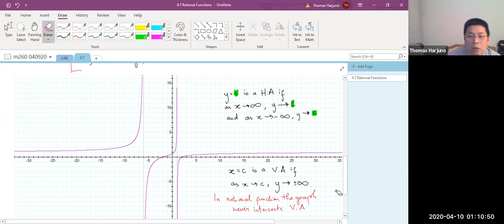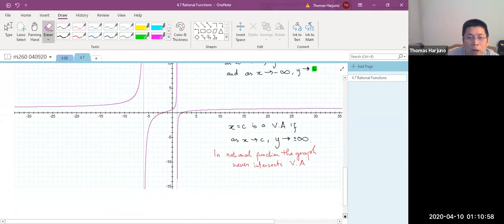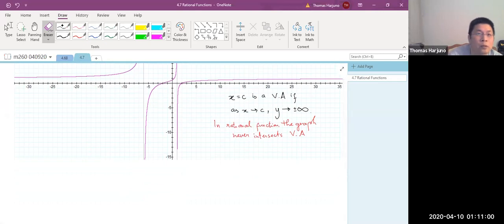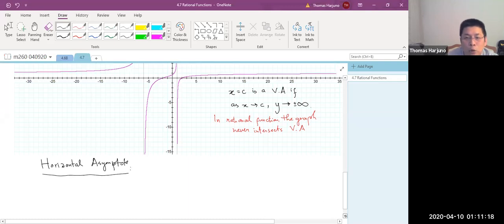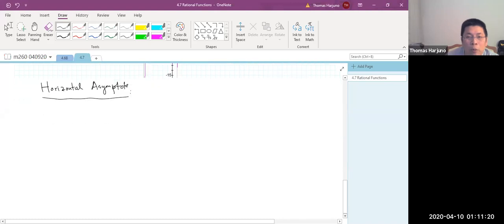Now that we know what vertical and horizontal asymptotes look like, let's find out how to find them. For horizontal asymptote, here are the rules. You need to memorize them, but I think you can memorize this easily if you use some instinct.